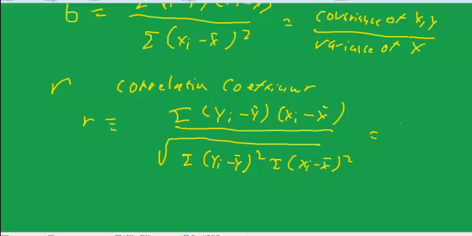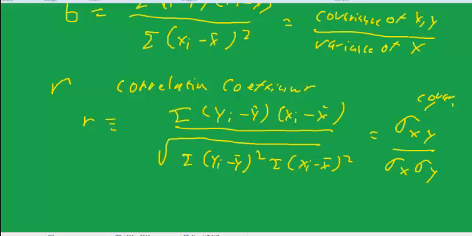I usually write it as sigma xy over sigma x sigma y. And so this is a covariance term. It's the same thing that we had up there for B. Covariance term, and these are the standard deviation of x and standard deviation of y.